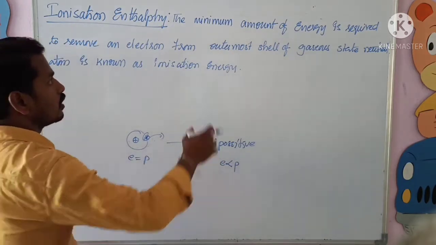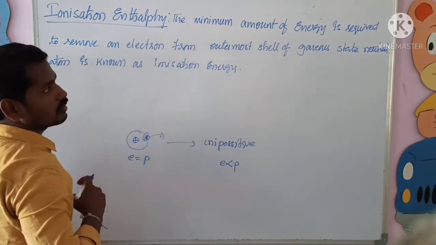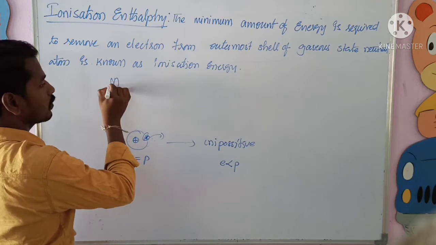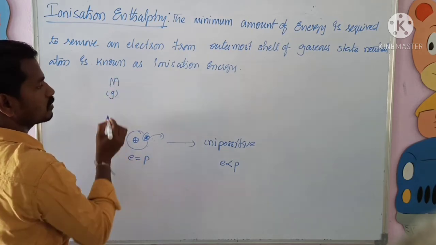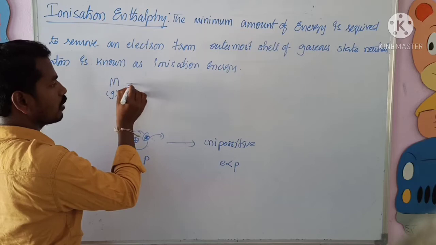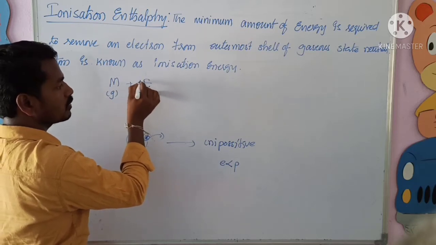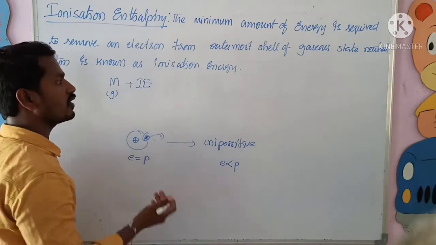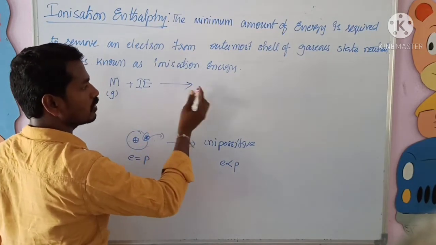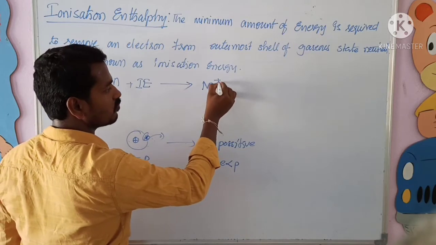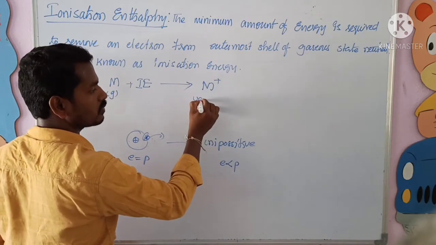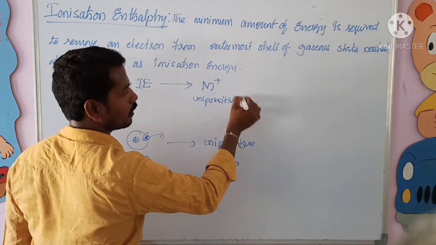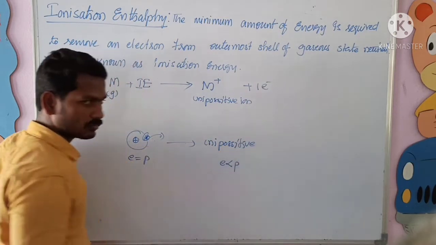This definition I can express as a single equation. Take a metal atom in the gaseous state, a neutral atom. On this I apply a certain amount of energy. By applying energy, it loses an electron and forms a unipositive ion by losing one electron.